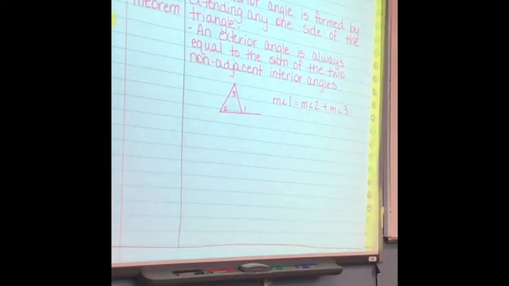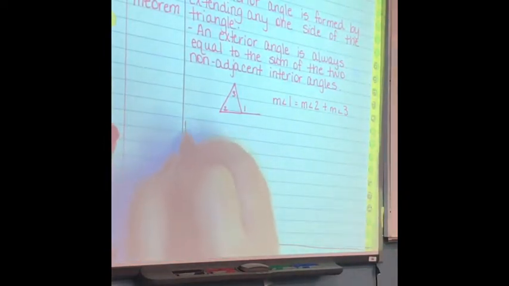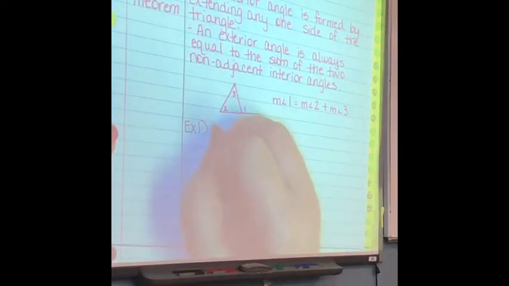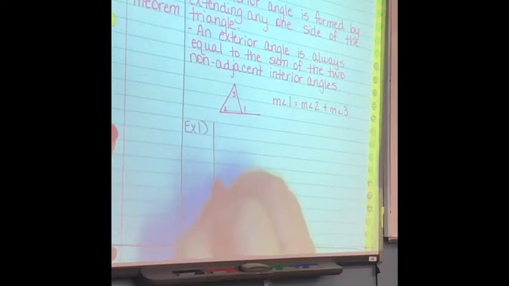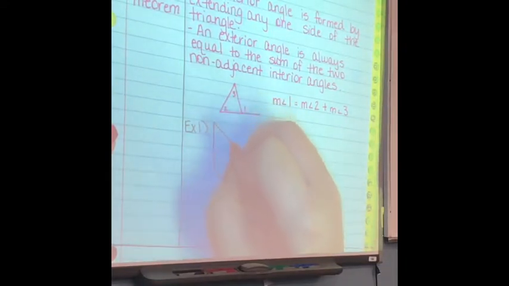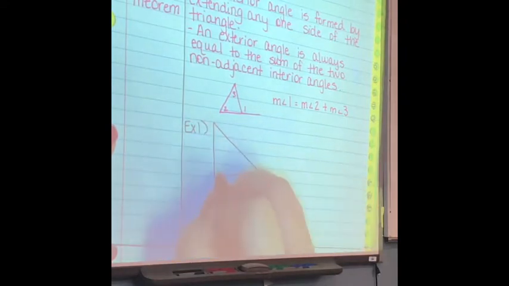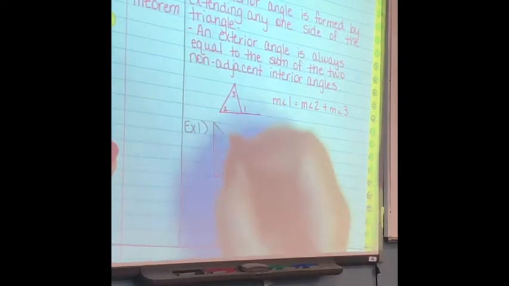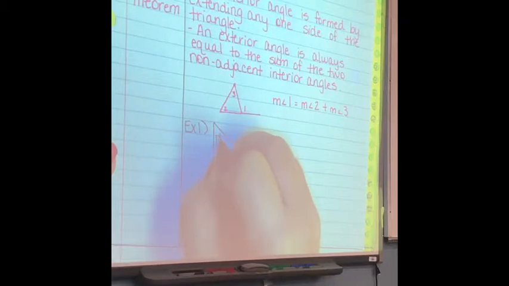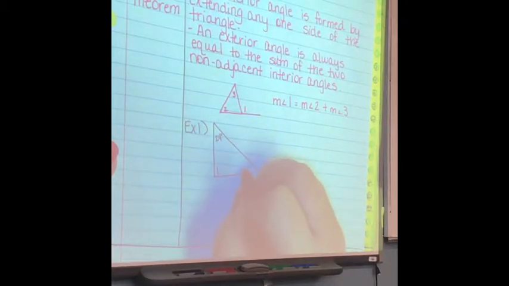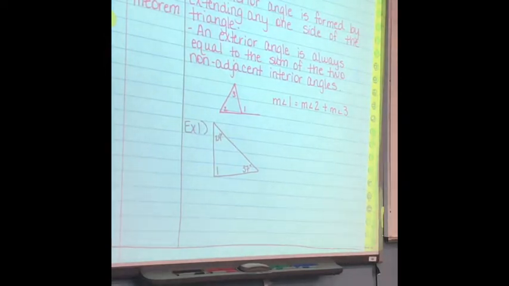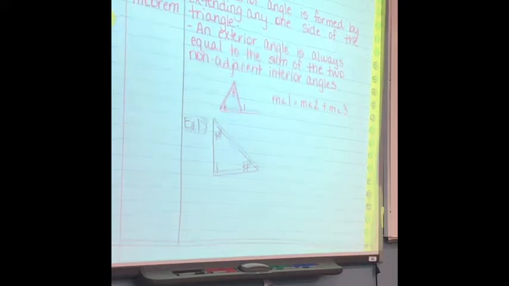All right, so looking at some examples. We'll start very simply here. We've got 3 angles, 2 have measures, and 1 is just numbered.